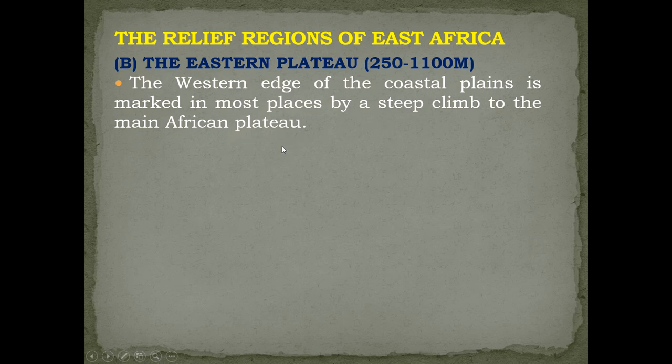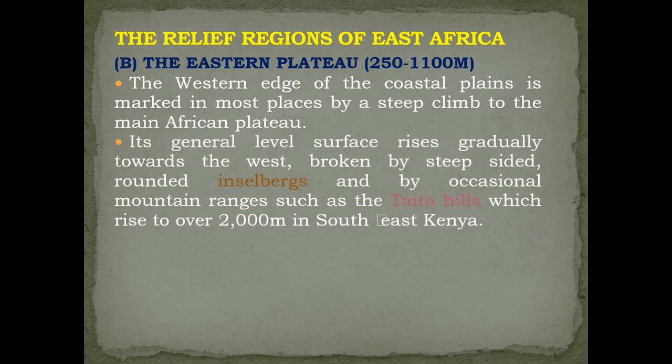So it's like you are ascending, you're climbing from the Indian Ocean into the interior. This region generally rises gradually as you're going into the interior, that is the west, but is interrupted by steep-sided, rounded inselbergs. Take note of this word.